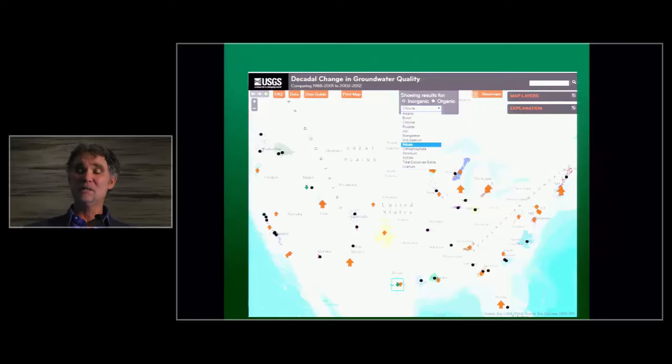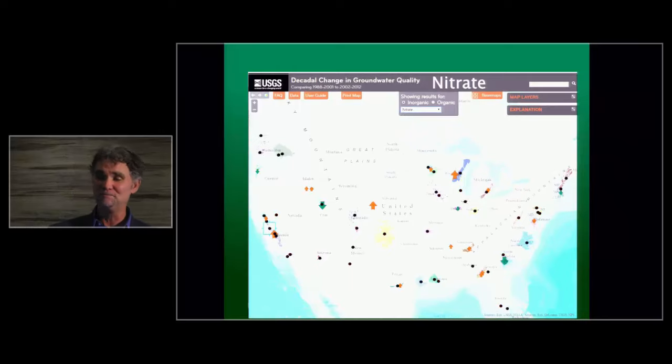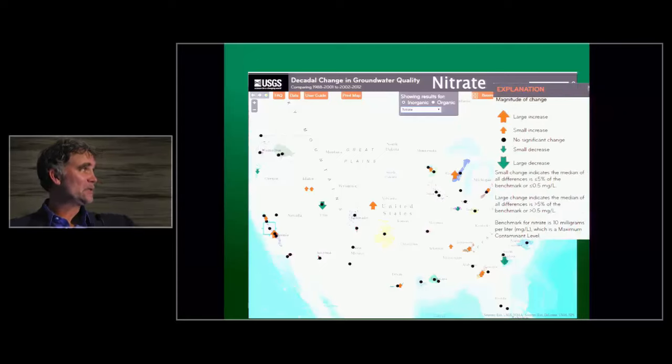You have a selector here, and I'm going to start with nitrate because that's what we're kind of focusing on. On the map, you can see arrows and circles, and essentially what you can see is large increases, small increases, the black dot is no change, and then you have small decreases and large decreases.